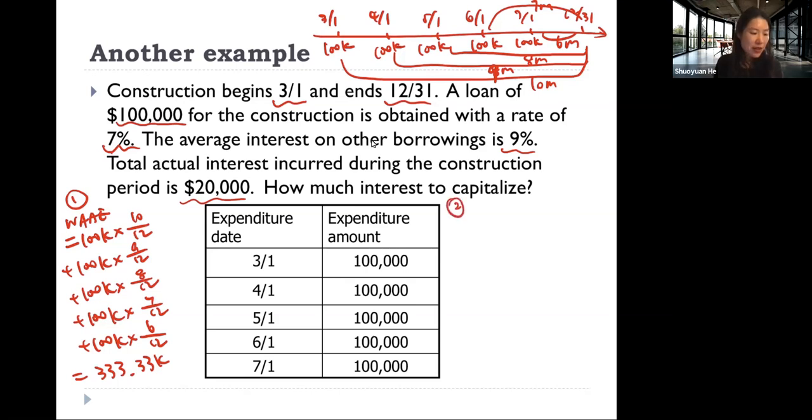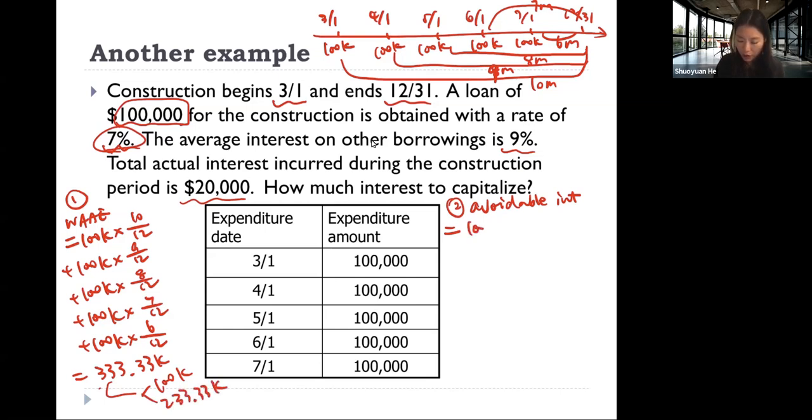Step 2, avoidable interest. Avoidable interest is calculated as follows. Of this 333.33 thousand, only 100,000 is obtained with a rate of 7%, which means the rest of it is 233.33 thousand.